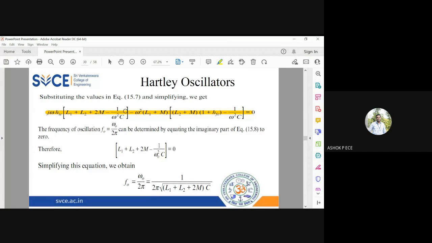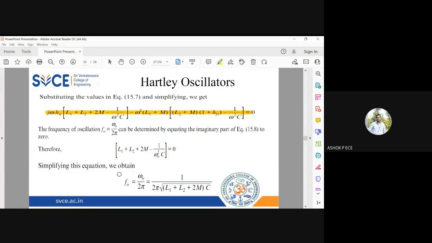And we have said the phase shift is 360 or zero, right? Which means that the reactance part is completely eliminated and it becomes zero. So take the imaginary term, put omega equal to omega naught and equate that to zero. So this bracket term becomes equal to zero.